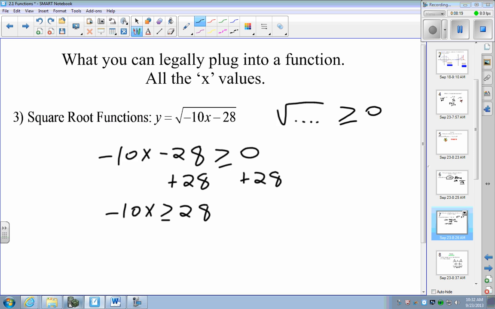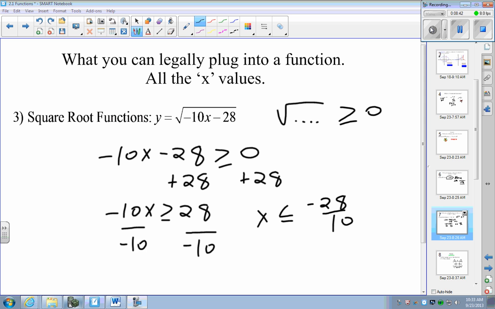All right, I just have to divide that by negative 10. Don't forget that our signs are going to flip. So we'll get x has to be less than or equal to negative 28 over 10. And if we were to reduce this, we'll get that x is less than or equal to negative 14 over 5.